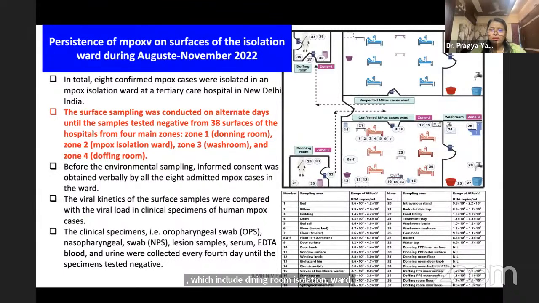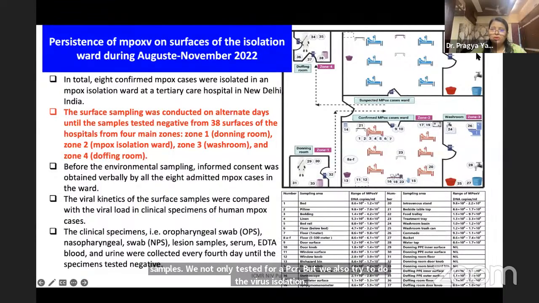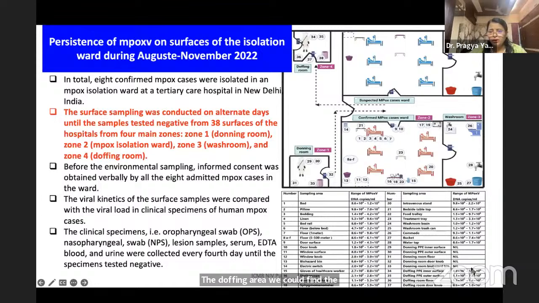We not only tested for PCR, but also tried to do virus isolation from each. Except for the doffing area, we could find positivity in all the areas, and in some areas, for example near the bed and bathroom area, the highest viremia was present, and we could do virus isolation from these sites.